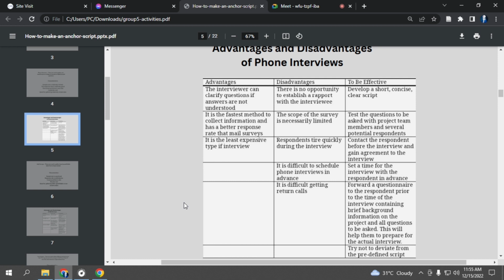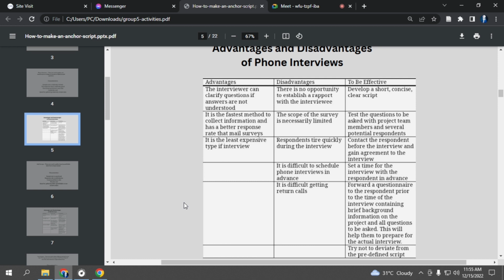And disadvantages: there is no opportunity to establish a rapport with the interviewee. The scope of the survey is necessarily limited. Respondents tire quickly during the interview. It is difficult to schedule phone interviews in advance. It is difficult getting return calls.